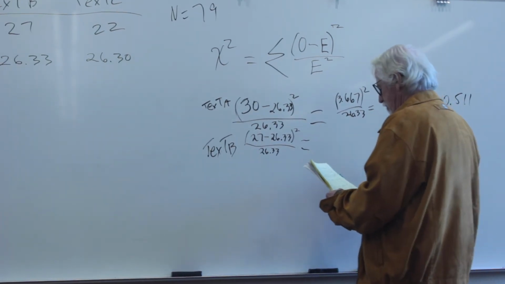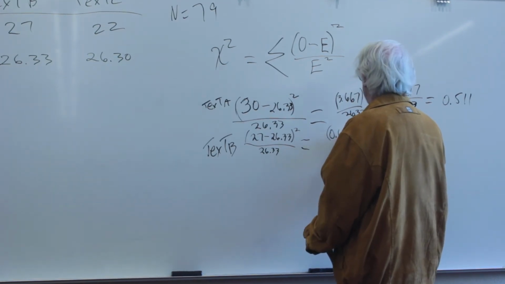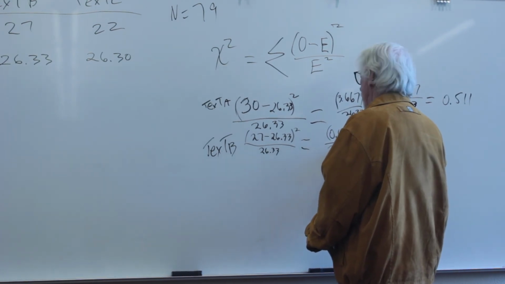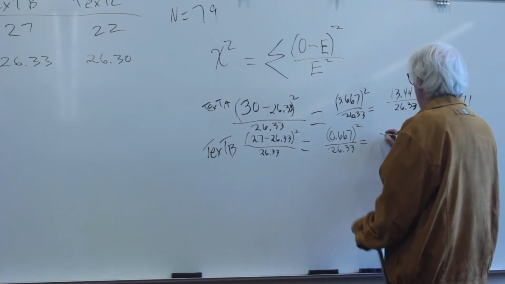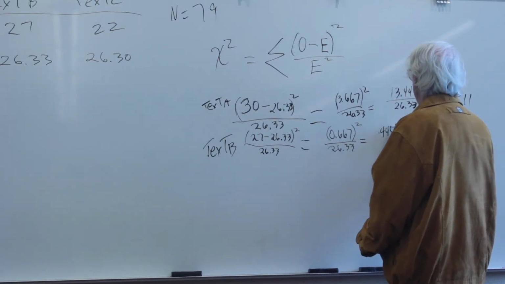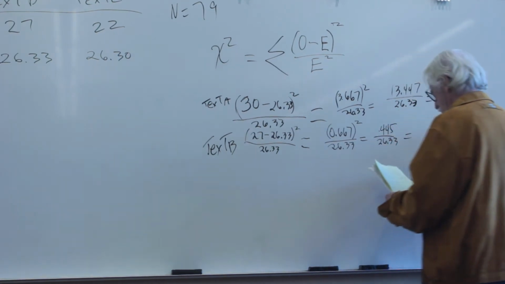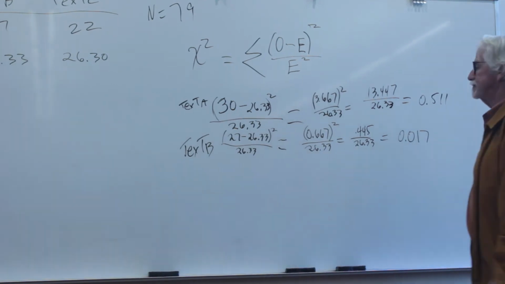And here we end up with 0.667 squared over 26.33, which is equal to 0.445 over 26.33, which is equal to 0.017.